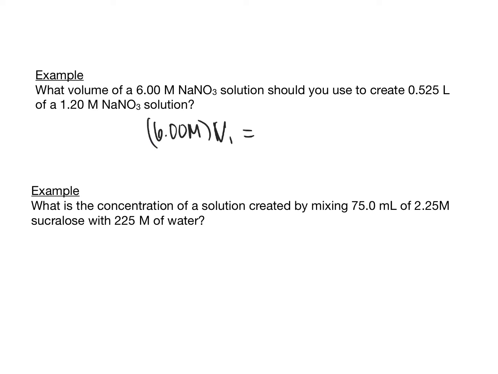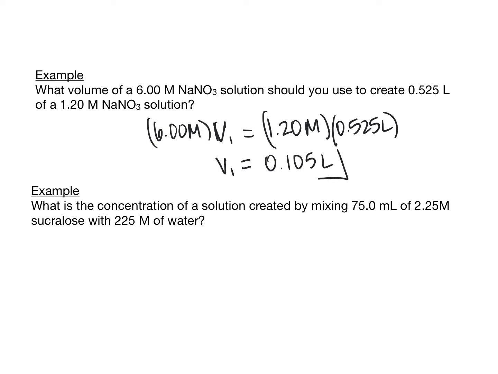And so we can multiply that by 1.20 molar multiplied by 0.525 liters. So when you solve that value for V1, you get 0.105 liters. Now this question doesn't specify, but if it said in liters, then we would leave it as is. More often than not, it will specify for things that I provide you, and definitely in the homework system.